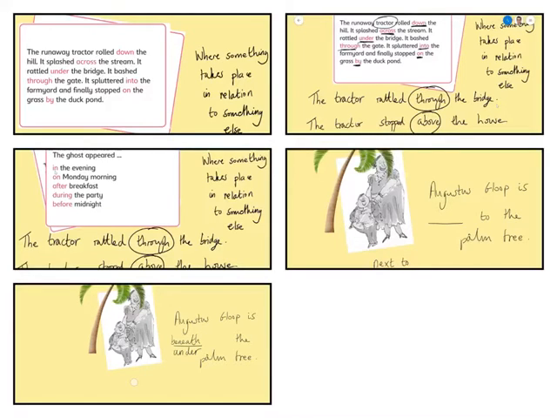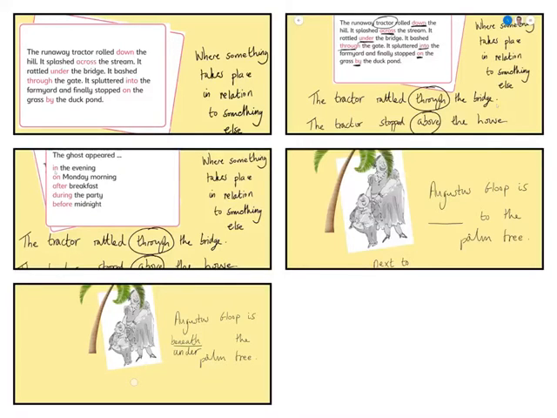And the real definition for one type of preposition is where something takes place in relation to something else.